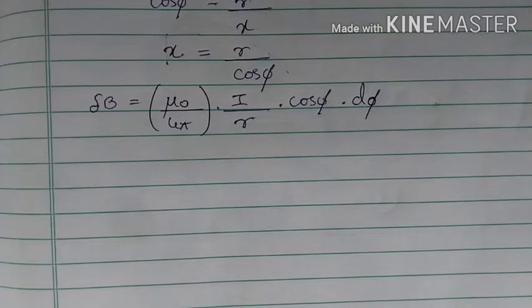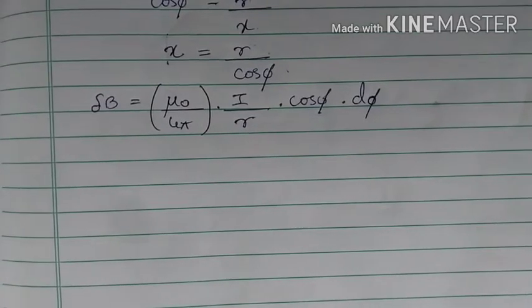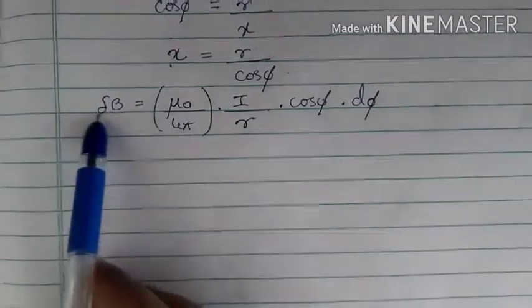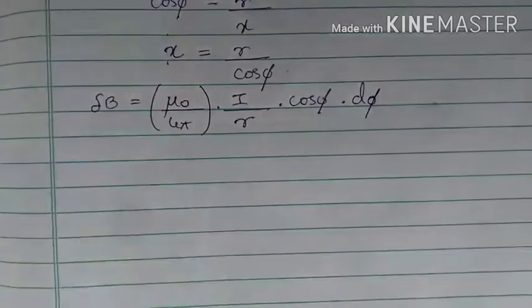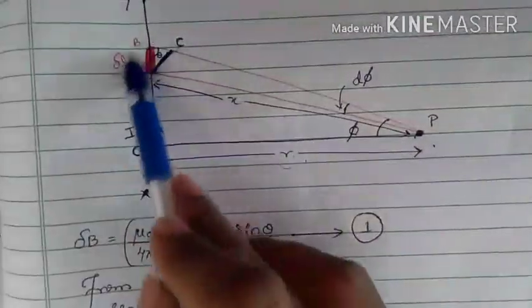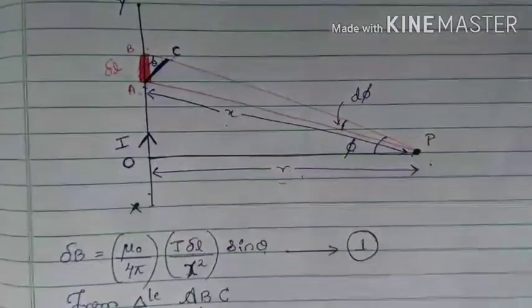Now we have to find the total field at a point due to the entire length of the conductor. So this is just from the current element dl. Now here you have the whole XY current element, and we have considered only this part of XY.